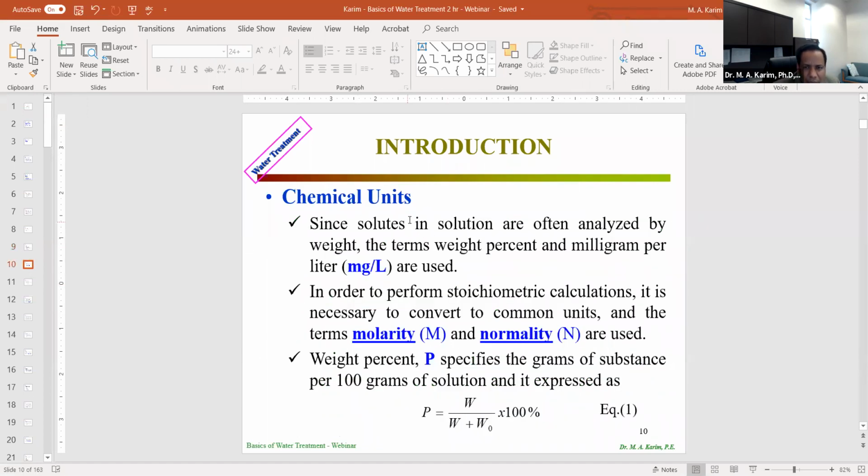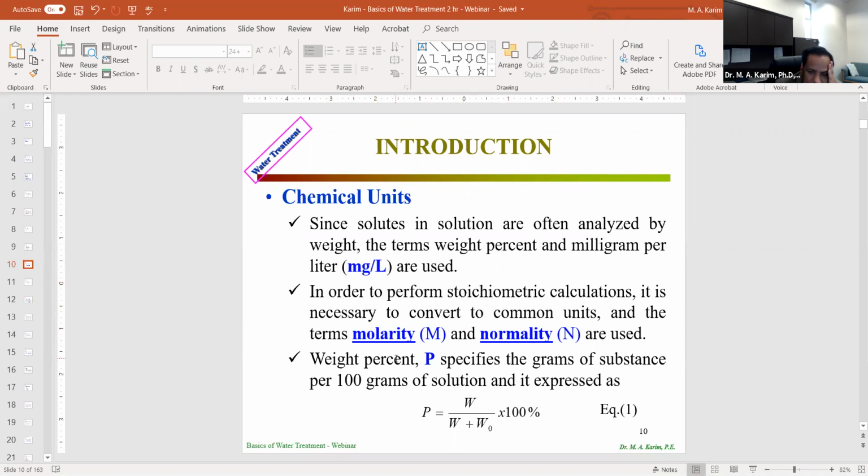Then we have to know how we can measure the pollution and contaminants in there. In the water area, definitely we use milligram per liter. That means mass per unit volume of the water, the mass of the contaminants per volume of the solution in this case. The other stoichiometric measures that we use are molarity and normality, right? We understand molarity and normality.